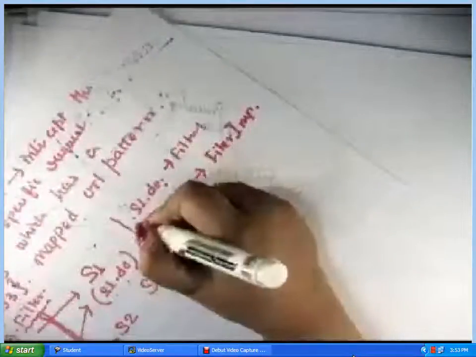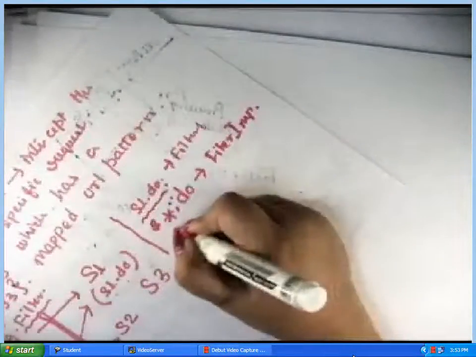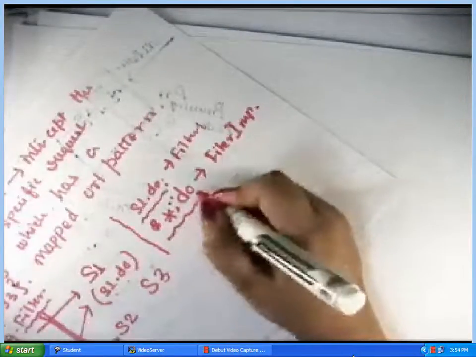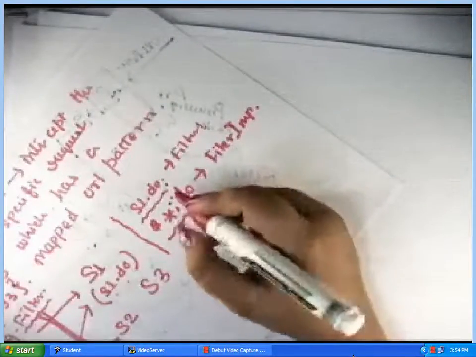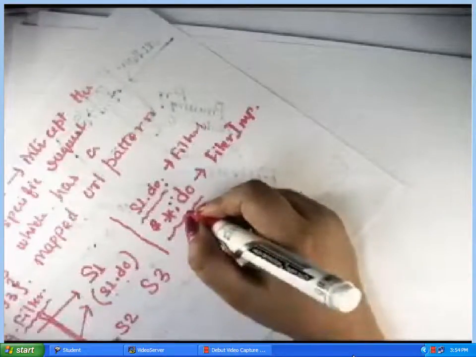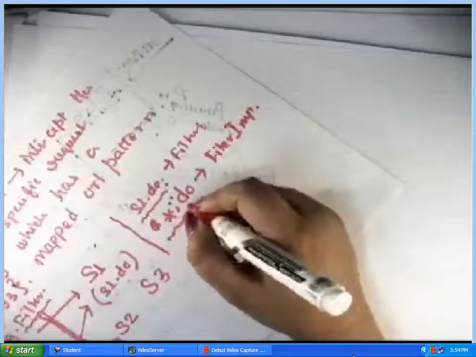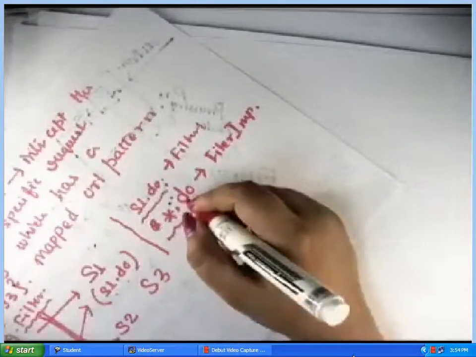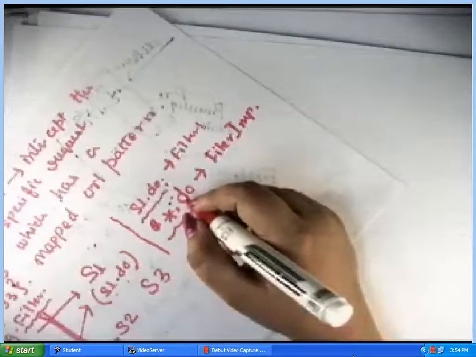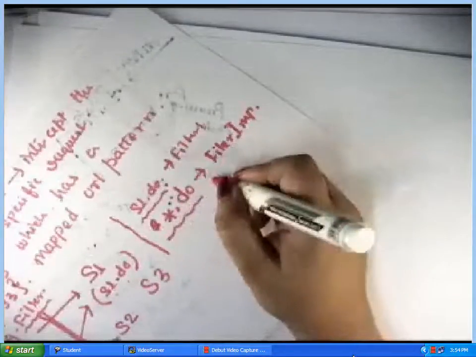So I can either choose one particular URL, or I can give a particular pattern, so that whatever the URL might be, if you ever come across any component in the web container which has a URL like star.do, where the suffix matters, that is, .do should be there, apply this common filter on all those kinds of requests.